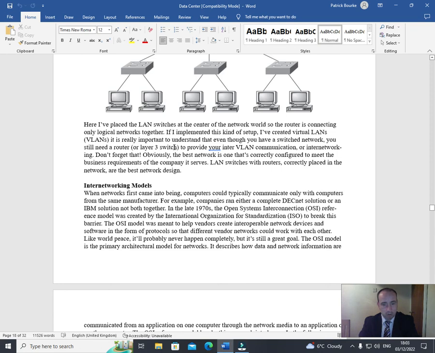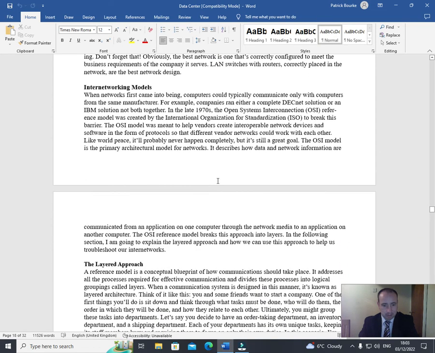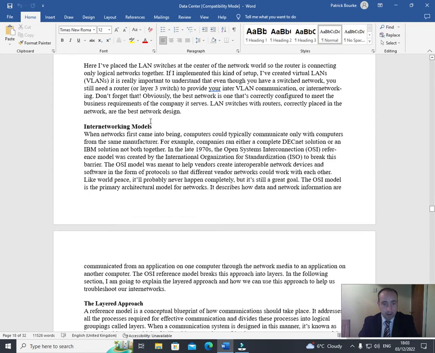It's really important to understand that even though you have a switched network, you still need a router or layer 3 switch to provide your inter-VLAN communications or internetworking. Don't forget that. Obviously, the best network is one that's correctly configured to meet the business requirements of the company it serves. LAN switches with routers correctly placed in the network are the best network design.